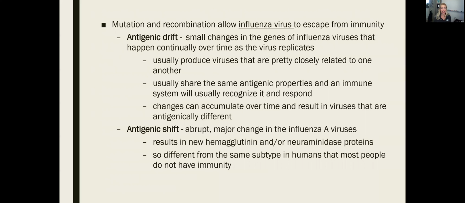Now, antigenic shift is when these changes happen abruptly. And so with antigenic drift, it's little slight mutations that occur every now and then throughout a couple seasons, and change eventually occurs to a noticeable point. But antigenic shift will happen whenever it wants.